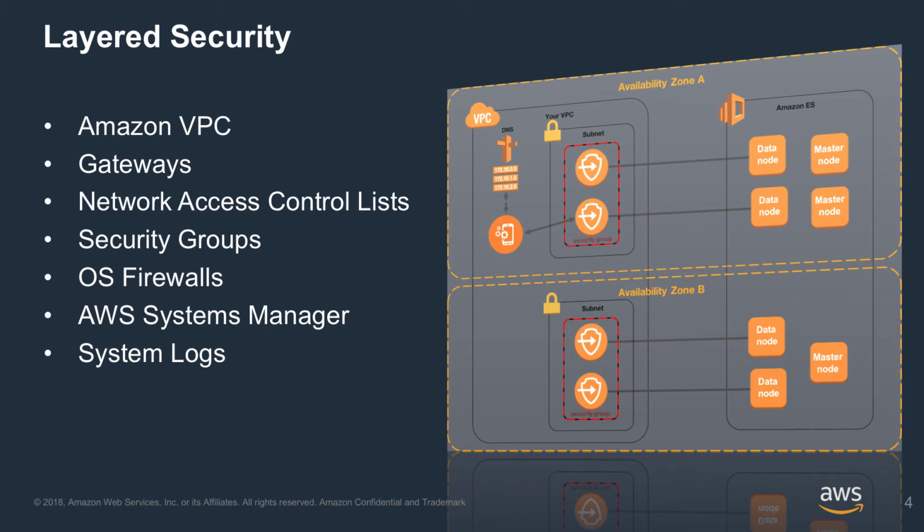And then we have the NACLs, the security groups, OS firewalls. We can apply additional WAF or layer 7 firewalls. We have services like AWS Systems Manager that can allow you to manage individual resources through command line. You can stand up SUS or YUM servers to apply patches.